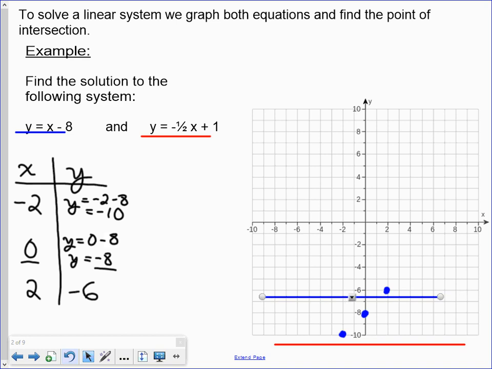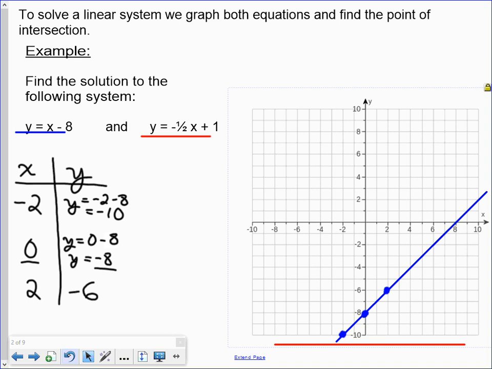I'm going to just draw my line like this. And we want to extend this line so it goes all the way across from one edge of our graph to the other, because we're not sure where that point of intersection is going to be. We just want to make sure we give ourselves plenty of room.